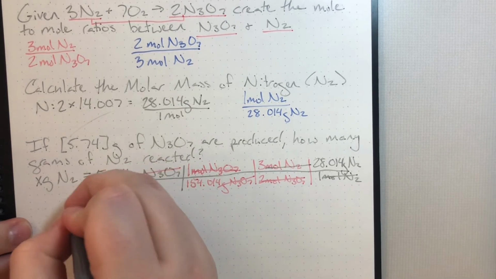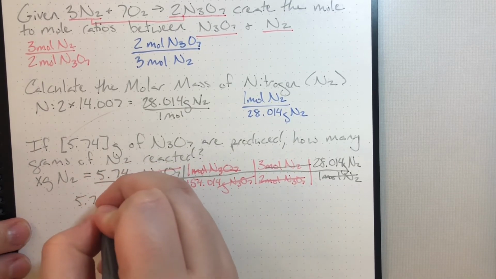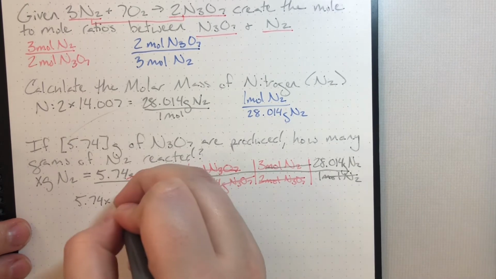I will solve the problem by multiplying everything that appears in the numerator and dividing by everything that appears in the denominator.